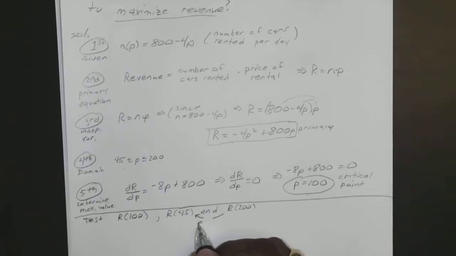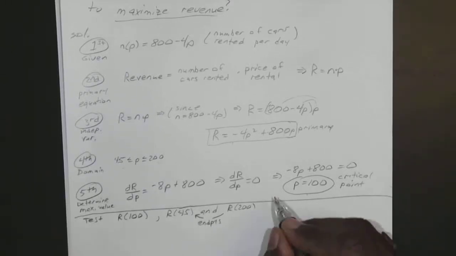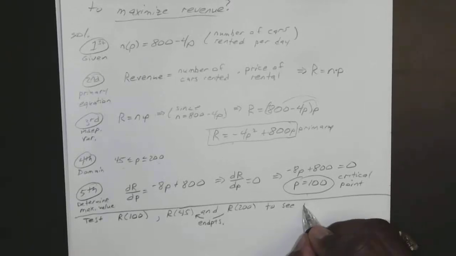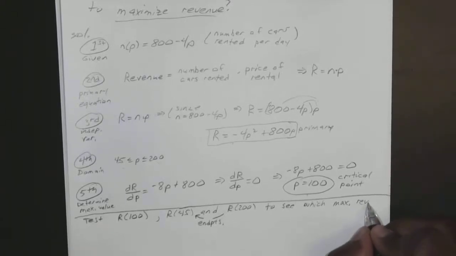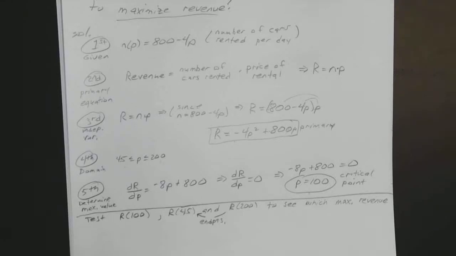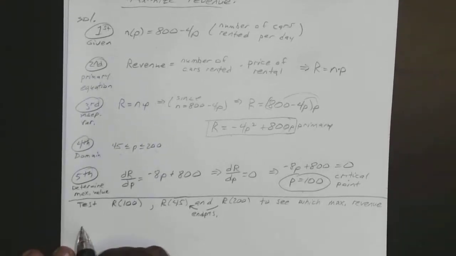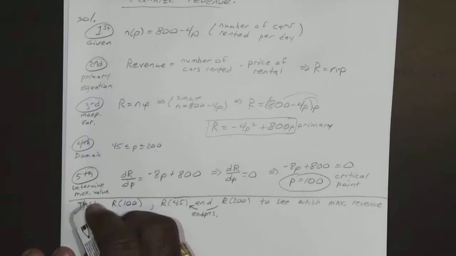All right, so those are just your endpoints. To see which maximizes revenue. Okay, so we know that R of 100, that's a little bit messy there.